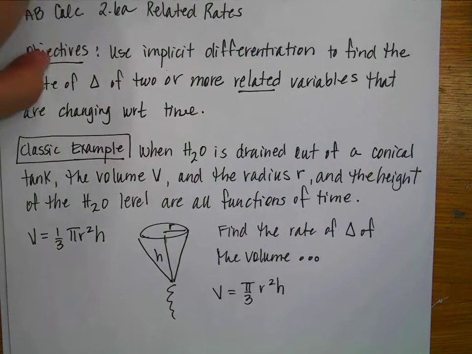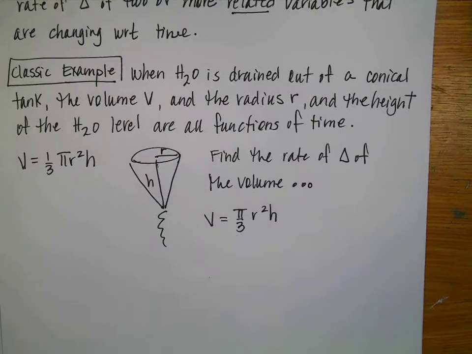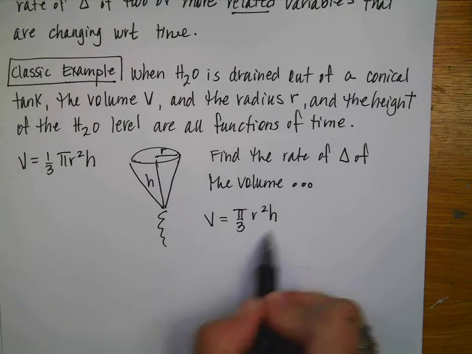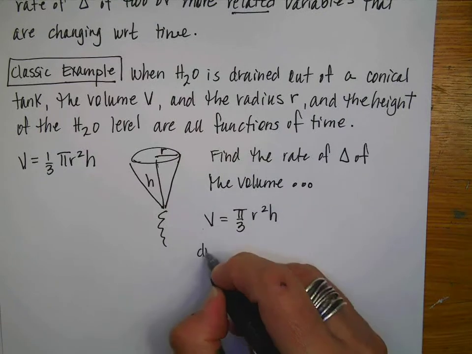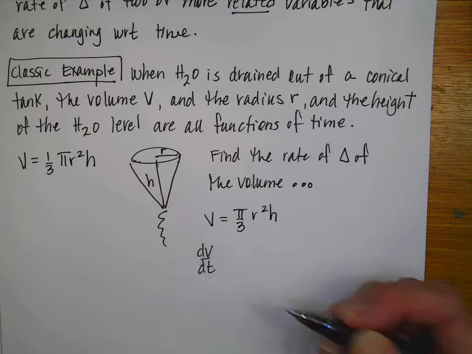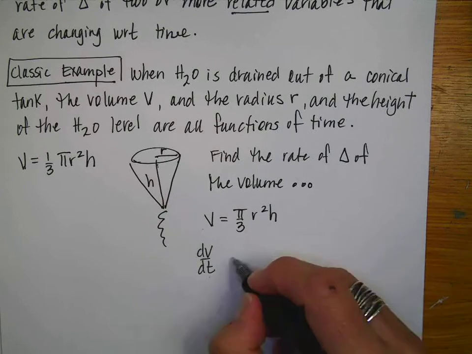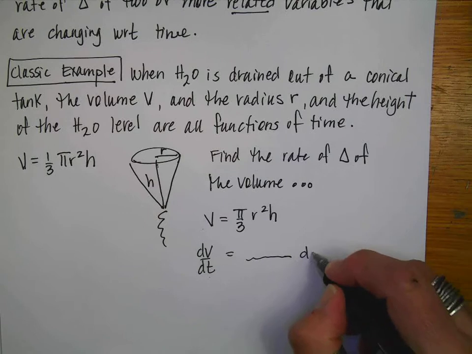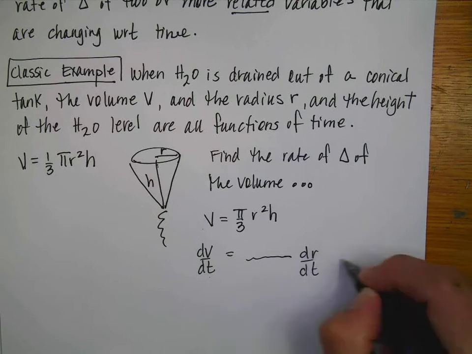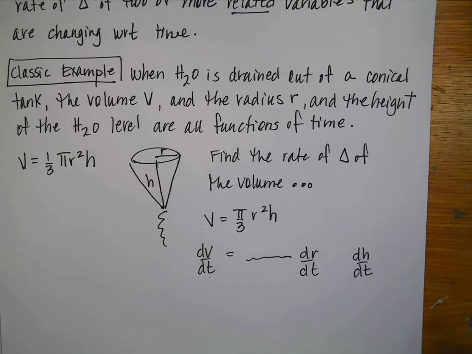Well, this is a classic implicit differentiation problem because in theory, if I took the derivative of all of those variables, I would get a dV/dt because I'm taking the derivative with respect to time. And then I would do some math and I would get a dr/dt and I would get a dh/dt. And so, oh no, that's a lot of things to solve for.